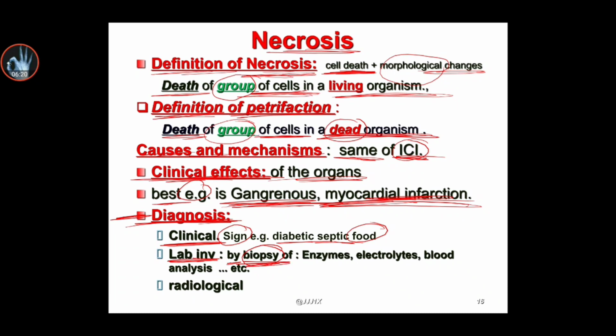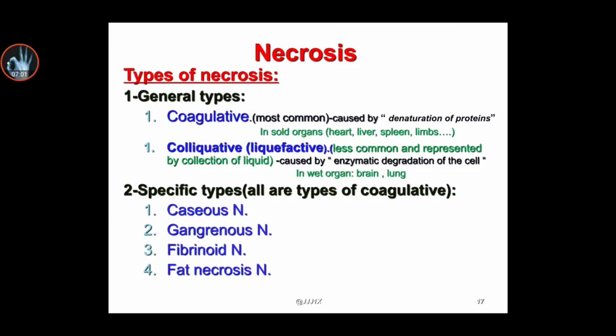So if we take a biopsy as a part of a living human organism, we see some enzymes and some electrolytes and blood analysis, which means if the cell is dead, we talked about it already, the cell secretes some lysosomal enzymes which lyse the cell. تكلمنا انه الخلية لما تموت تفرز بعض الانزيمات، الانزيمات هذه تقوم بتحليل الخلية، فاحنا كل ما نشوف كمية الانزيمات هذه نعرف انه هنا في نيكروسيس او موت للخلايا، او عن طريق الراديو جرافيك، عن طريق الاشعة. So necrosis اللي هو موت مجموعة من الخلايا في جسم المخلوق الحي. عندنا types of necrosis.